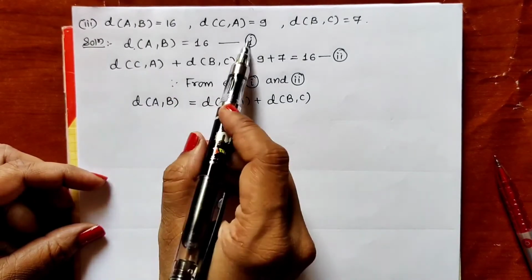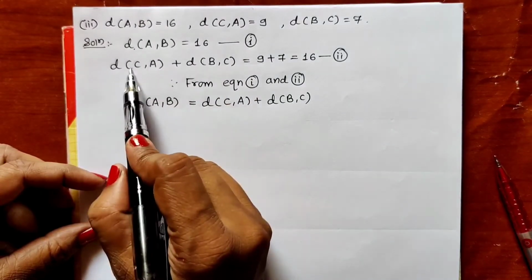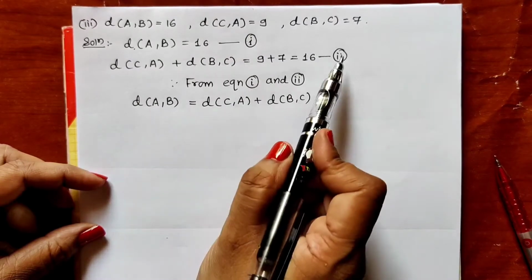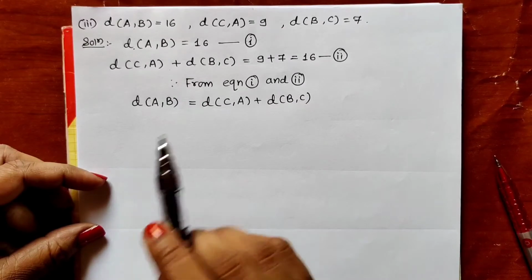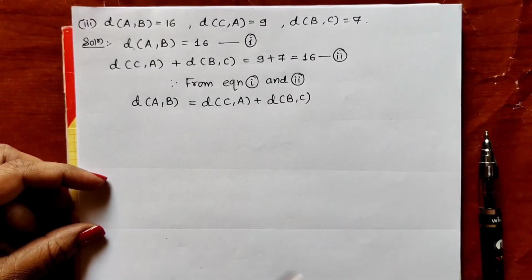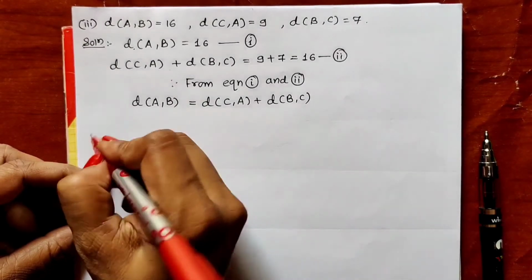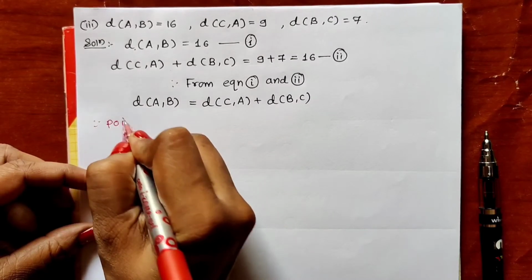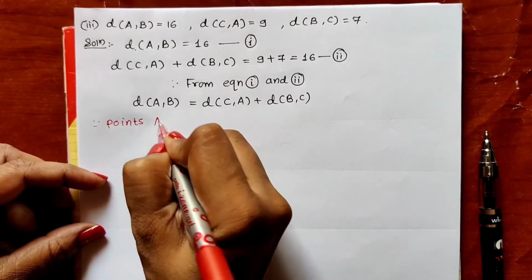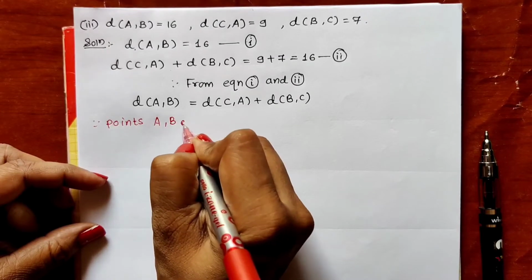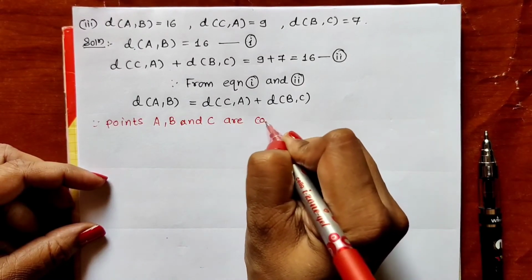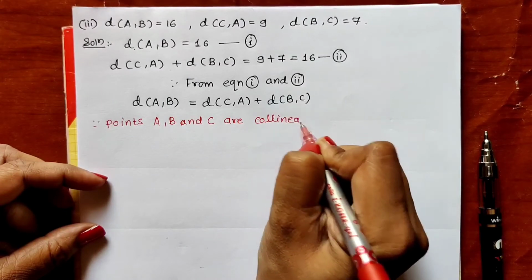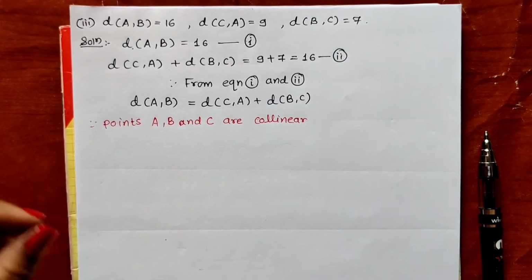AB is the left hand side of equation 1 and distance CA plus distance BC is the left hand side of equation 2. So the left hand sides are equal. As they are equal, what can we say about points A, B and C? Therefore, points A, B and C are collinear.